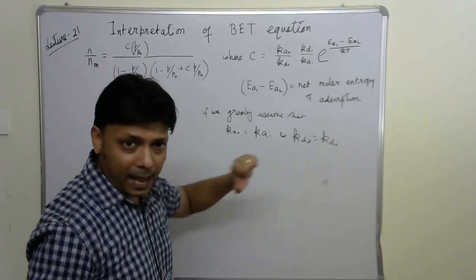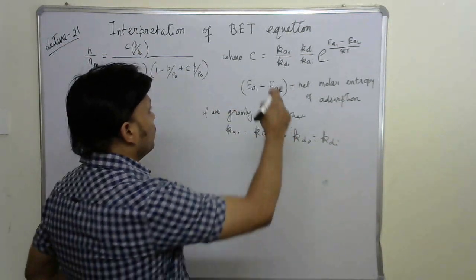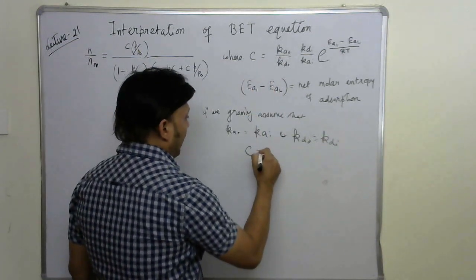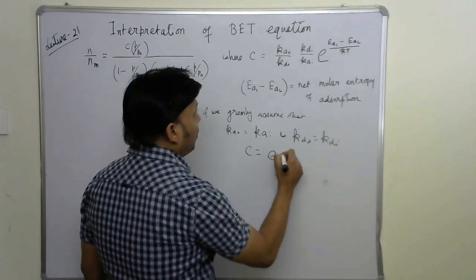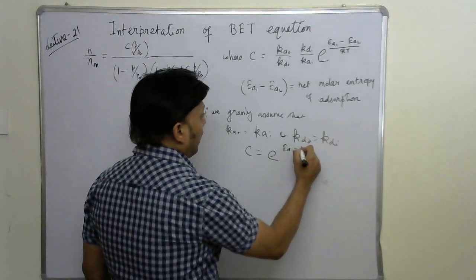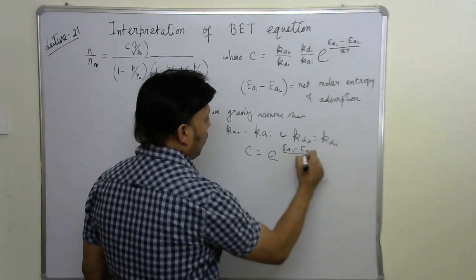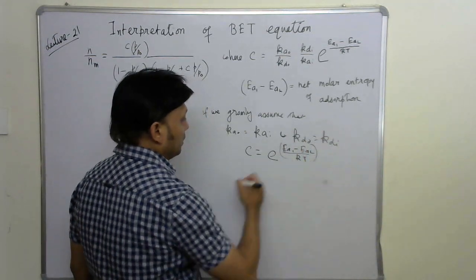If we assume that, then what happens? You look at the C, the factor C becomes simply equal to e to the power EAN minus EAL whole divided by RT.